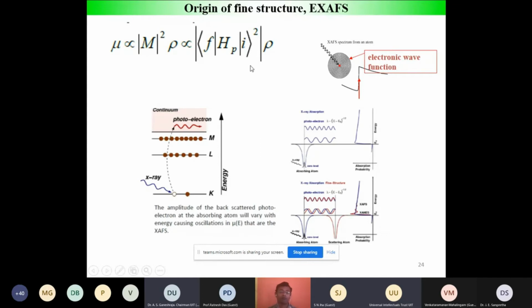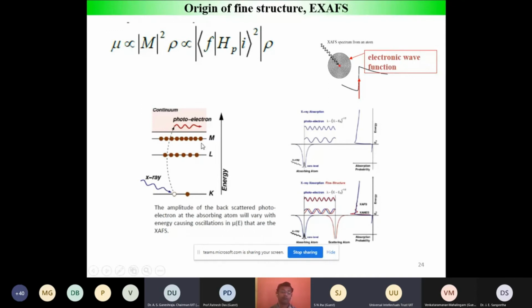The initial state is the state where the X-ray knocks out the electron, and then it comes out in the continuum, and this photoelectron gets modified due to the surroundings. Therefore this dipole matrix element gets oscillatory behavior because of the change in the outgoing wave.